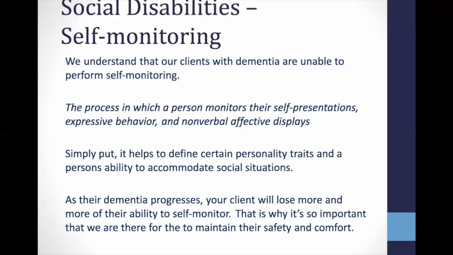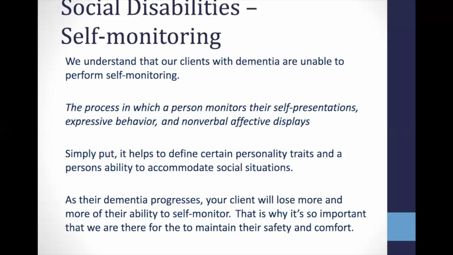Right? As their dementia progresses, your client is going to lose more and more of their ability to do this, and that's why it's so important that we're there to maintain their safety, their comfort, and give them an opportunity to be themselves in social situations that is safe and acceptable.